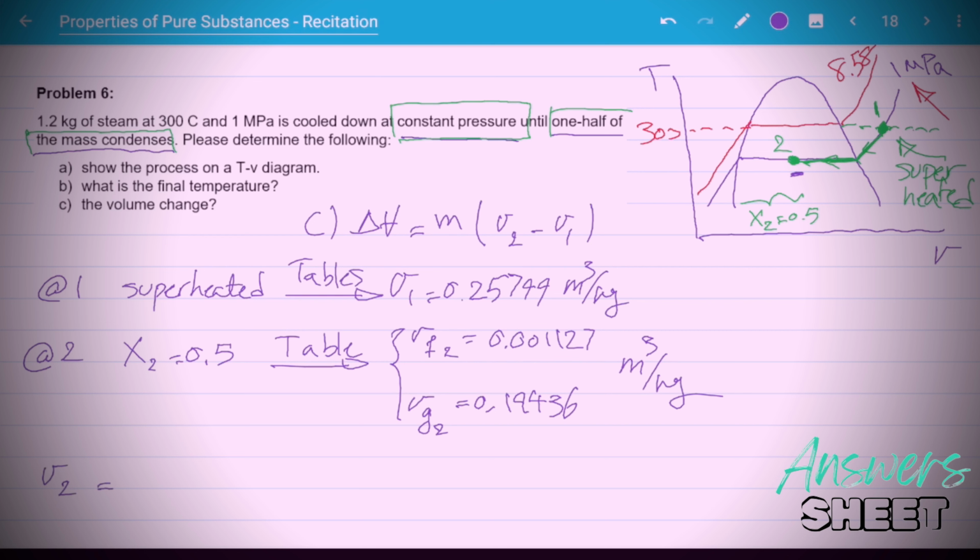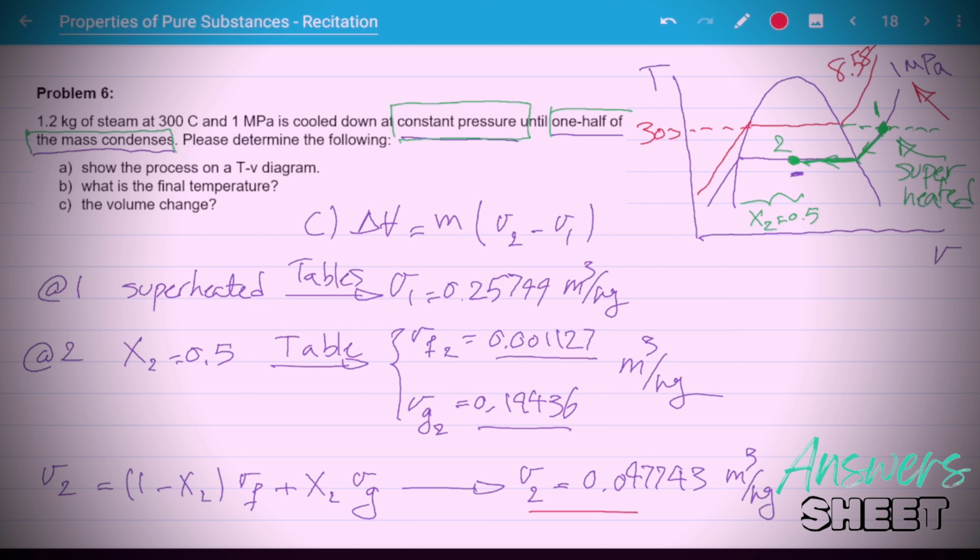Okay, the specific volume of final state is 1 minus quality times specific volume of saturated liquid plus the quality times the specific volume of saturated vapor. Plug in the numbers that we have, and doing the math, we get that the specific volume at final state is 0.097743 meters cubed per kilogram.